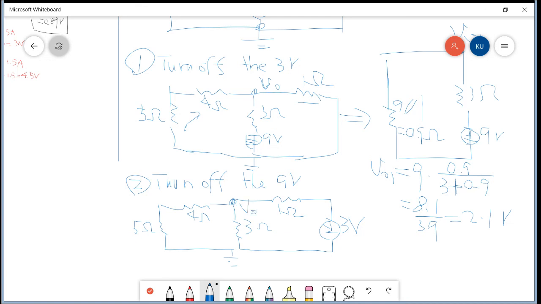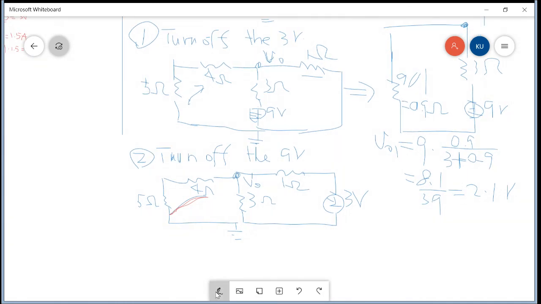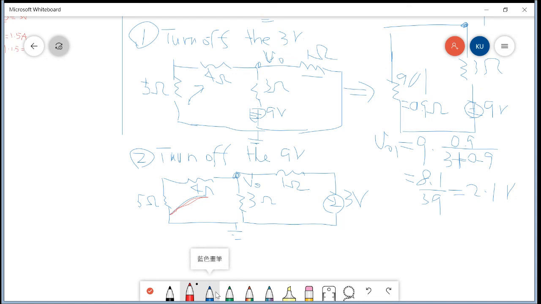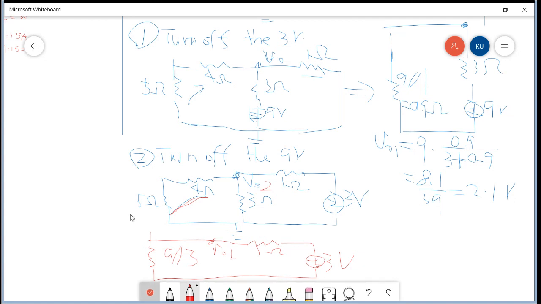In this case, this is still 9 ohm, and 9 ohm parallel with 3 ohm, something like this. Then this is 1 ohm, 3 volt. This is VO2.